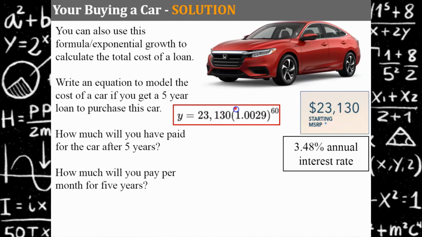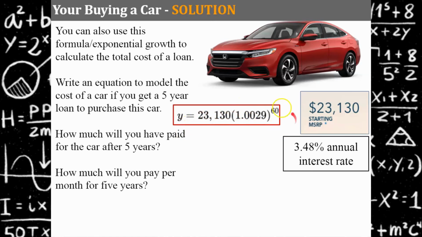And then this is going to be 1 plus the 3.48% divided by 12, because we're going to pay every month on the car. So we have our exponent here, which is 5 years times 12, because every year has 12 months, times 5 years.